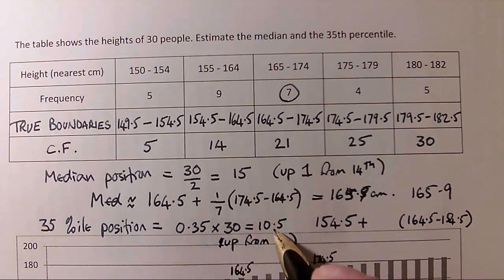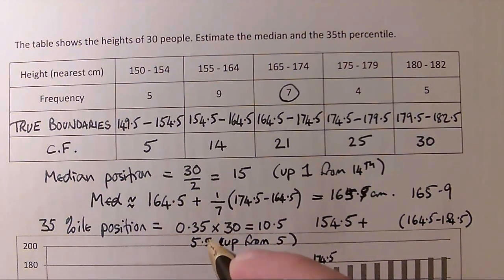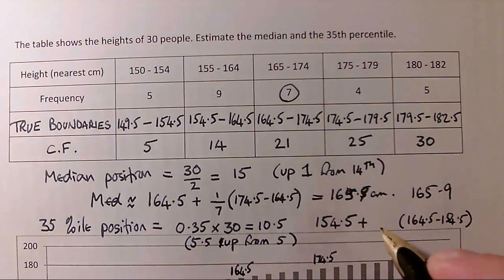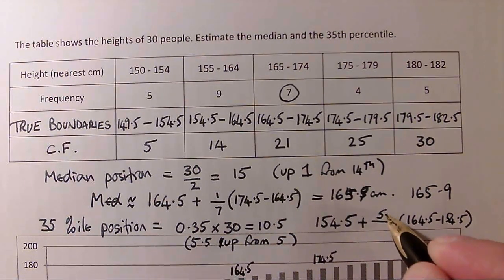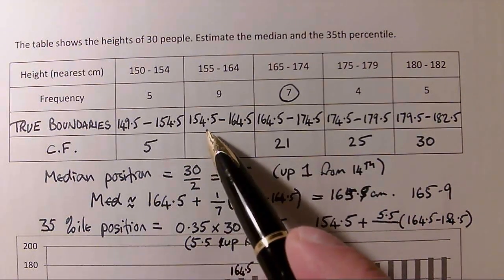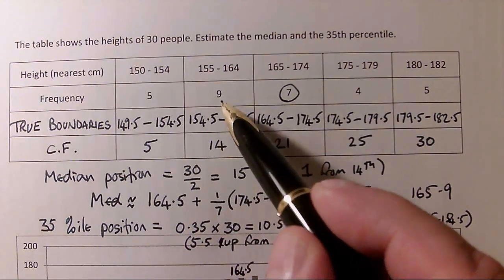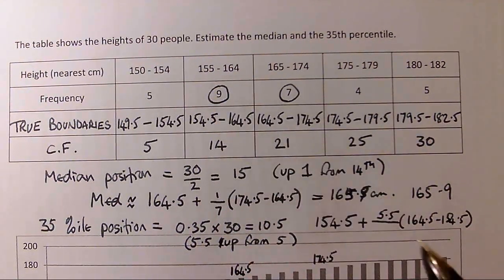Well, I need to get up to the 10.5th person, so I need to go 5.5 people up from the 5th person. So the proportion of the gap I need is 5.5 people out of the number of people between these, which is 9. So that's why I need to do 5.5 ninths times the gap between the categories.